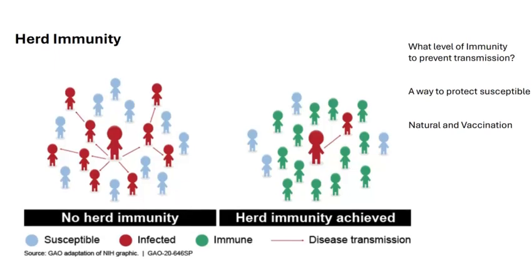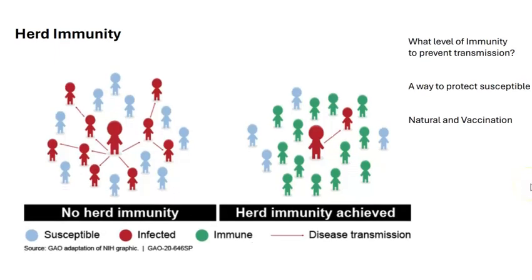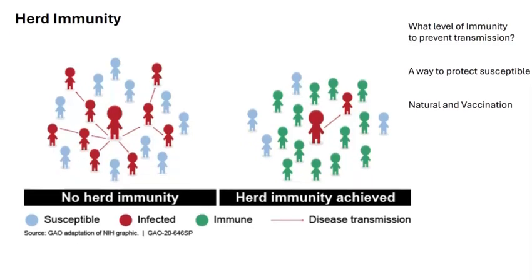A question which is often asked about this vaccination process is how many people need to be vaccinated to protect the entire population. And this is a concept called herd immunity. So in the diagram, you can see that these people here are susceptible and these people here are infected. And so where we have close contact between the infected and the susceptibles, there is rapid transmission of the disease through the population.